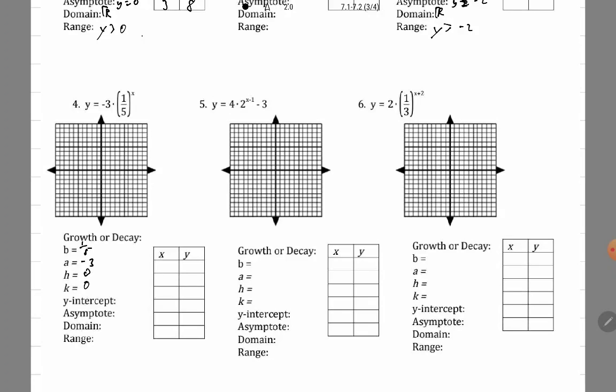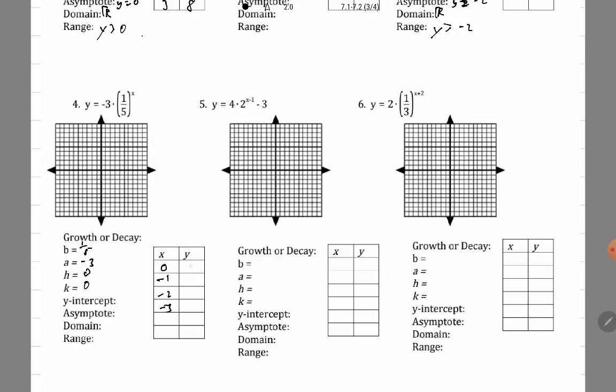So I'm going to use negative numbers: 0, -1, -2, -3. The reason why I'm using negative numbers is because it's a fraction, and when you use negative exponents for fractions, it becomes an easier number to work with.